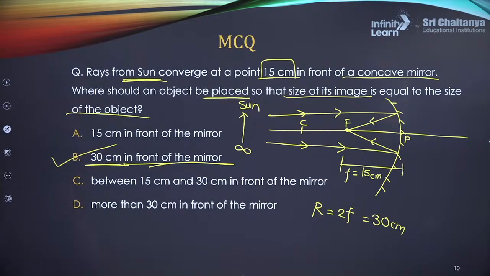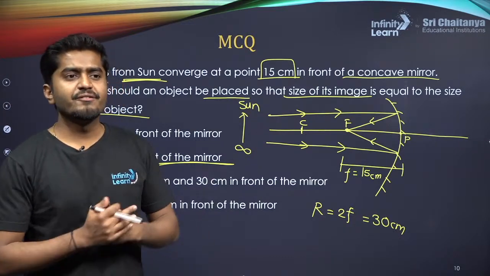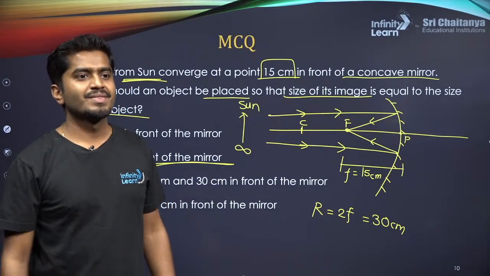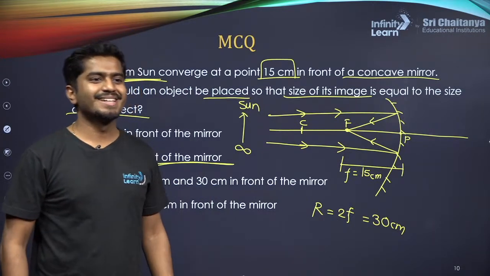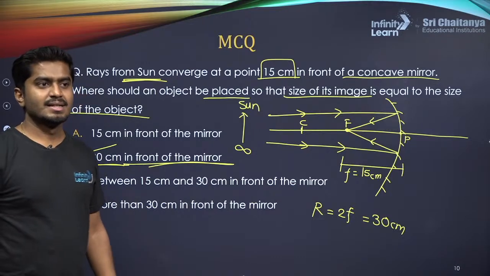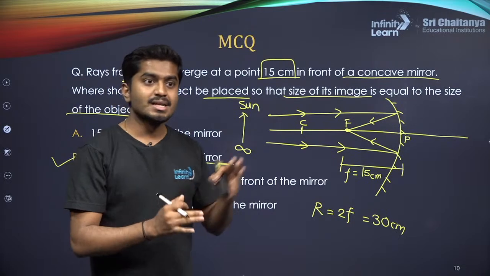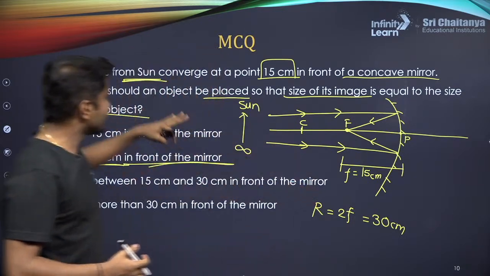Clear? Easy? How many of you find it very easy, very simple? These are very easy questions. You just have to focus. What you should do is draw the rough ray diagram.